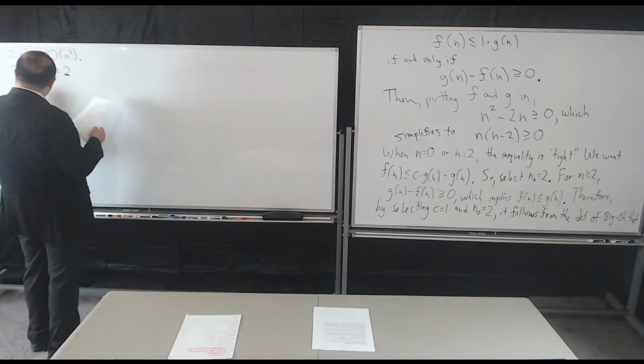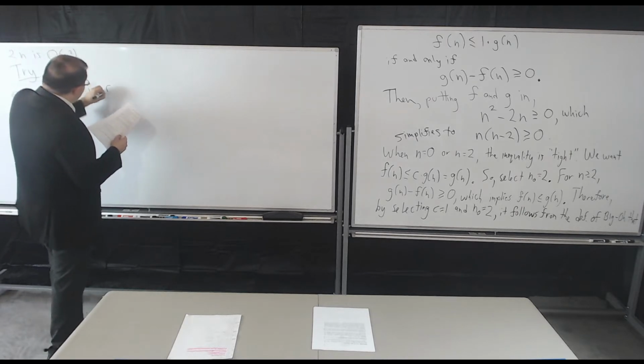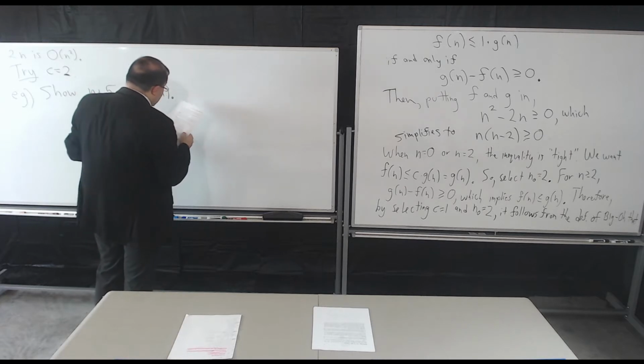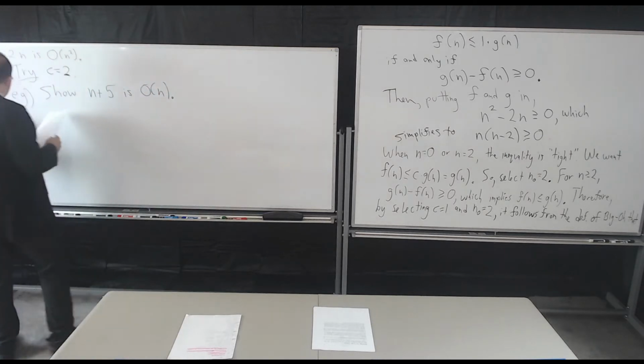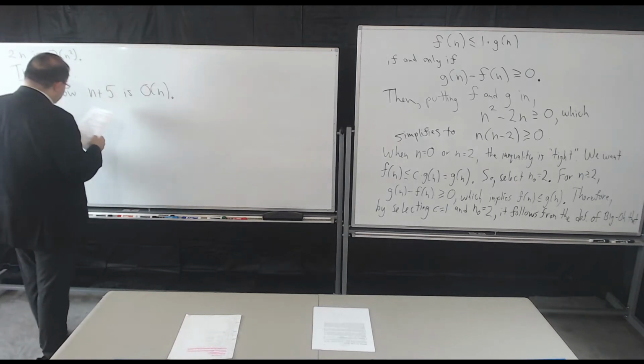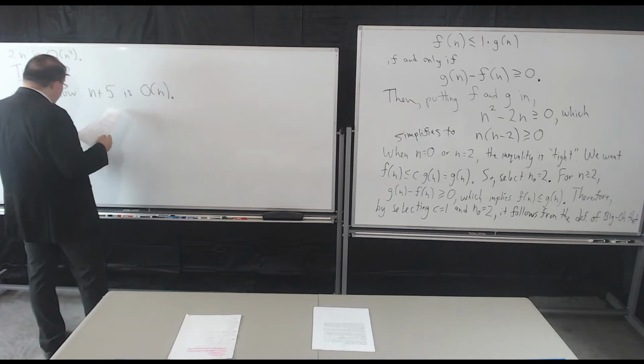So let's do another example. We're going to show n plus 5 is big O of n. Here's my proof of this. I'll write solution, just because it makes things a little easier. Remember, I always write what I'm going to do.